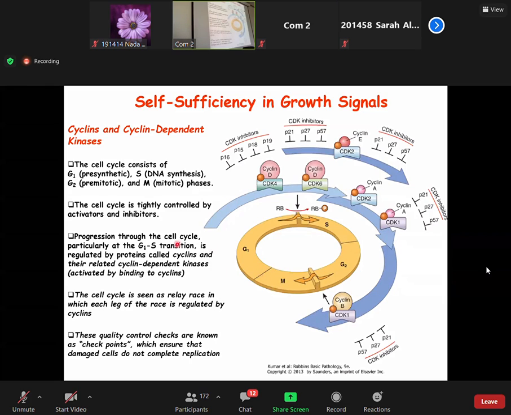Now, what will happen if you have a cyclin and cyclin-dependent kinase activating mutation? The same exact thing, right? Because they are going to put the retinoblastoma gene into an inactive form permanently, right? And the result of that is going to be the likelihood of mutation happening and the likelihood of neoplastic transformation occurring at one point in time.